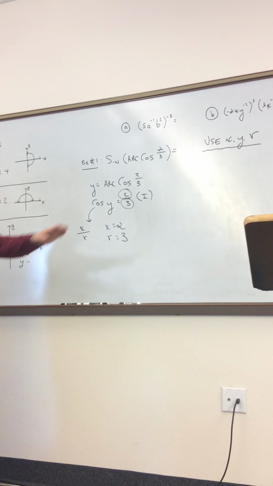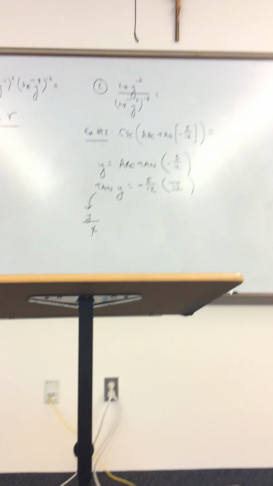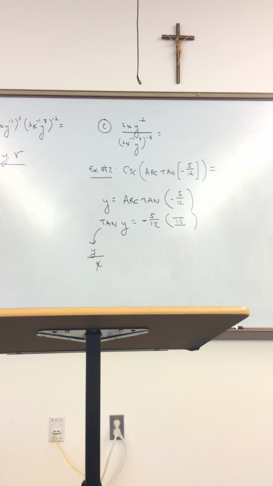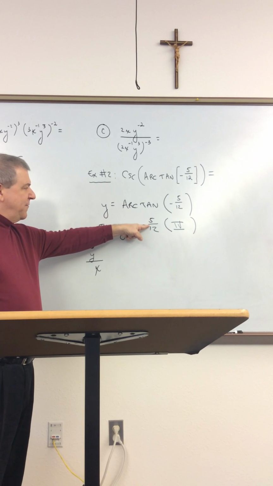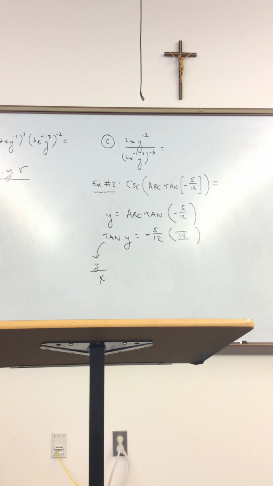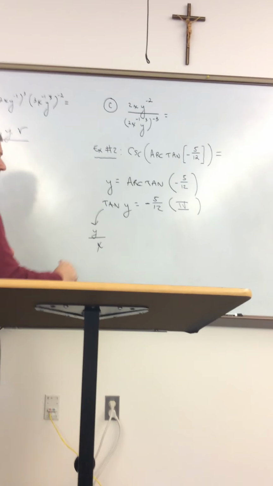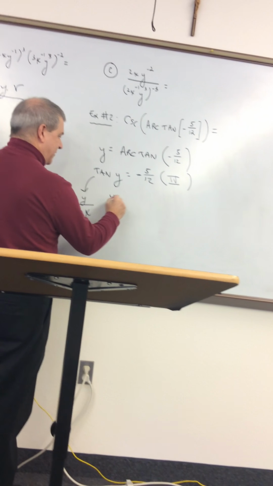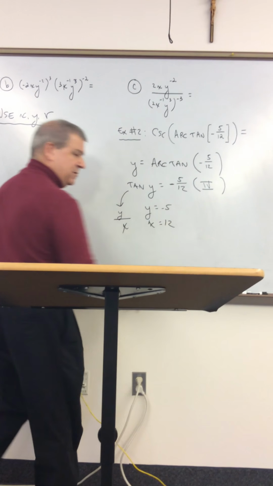So somebody, give me the two values of x and y. You've got to make sure you got the right signs on the right numbers. This is y over x. Give me the values. Y is -5 and x is 12.